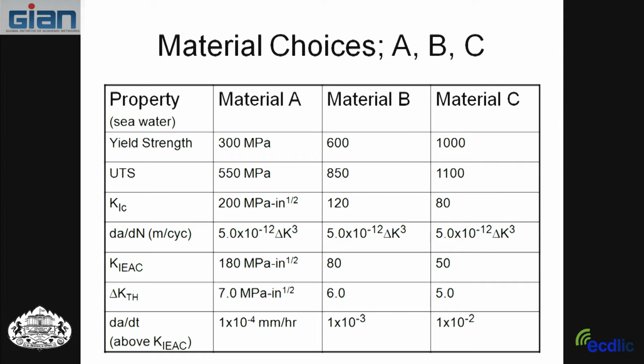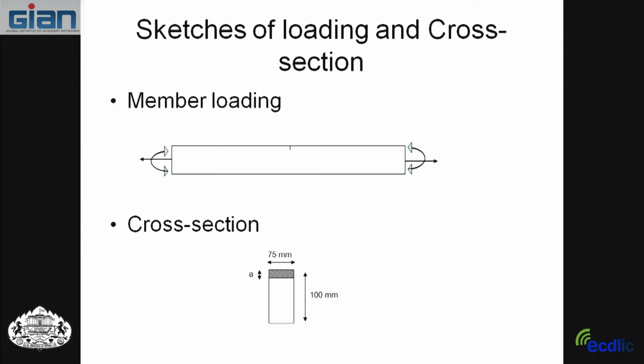I assume there's no change. The K1SCC, I picked 3 values. For the higher strength, it's fairly low. For the low strength, fairly high. And then there's a threshold fatigue number, which is this. And then the growth in seawater, I picked this as growth in seawater. So all those are inputs. All those can be used in some way or other to look at this.